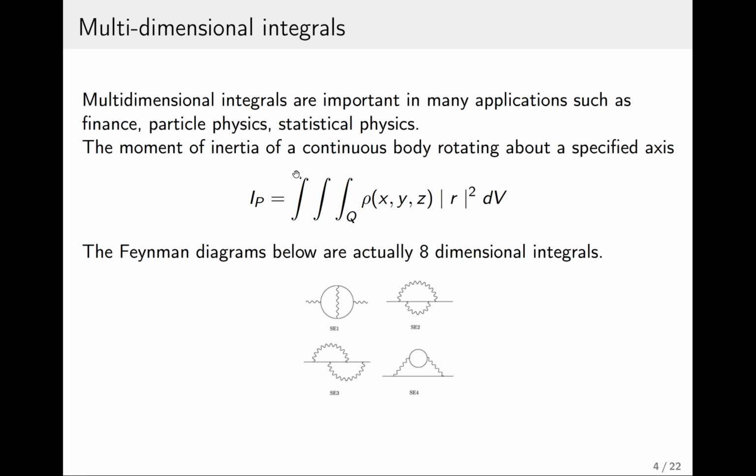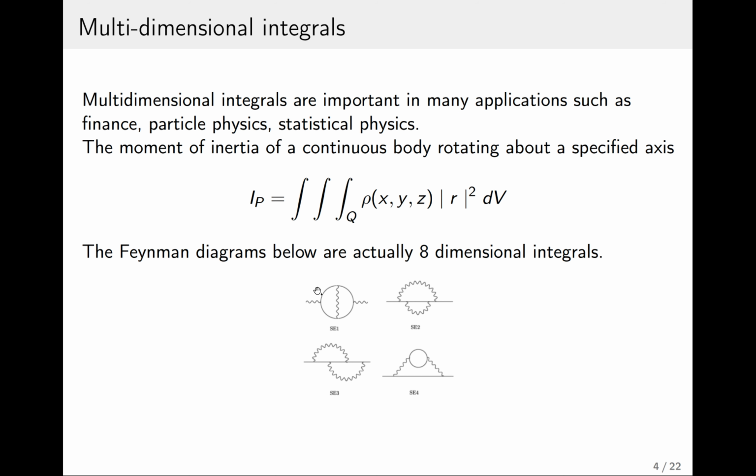For example, the moment of inertia of a continuous body: here is the density, and you sum over x, y, and z in 3 dimensions, weighted with r squared, and this tells you the dynamics of a body when it rotates. To find the moment of inertia, you have to compute this 3-dimensional integral, and V is the volume. So that's one reason you need to do integrals in more than one dimension.